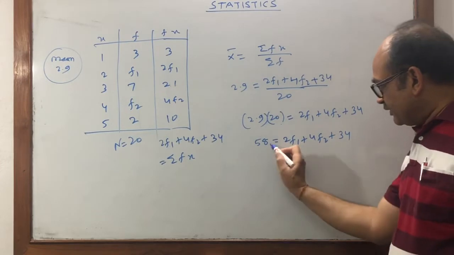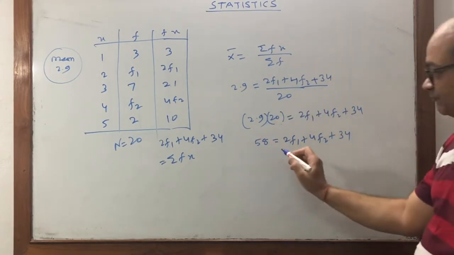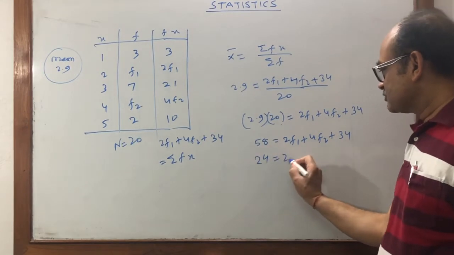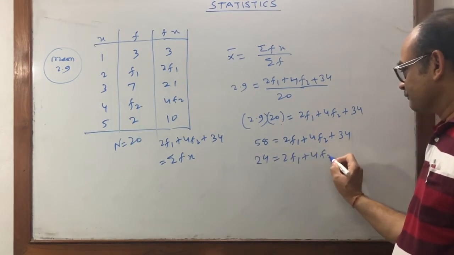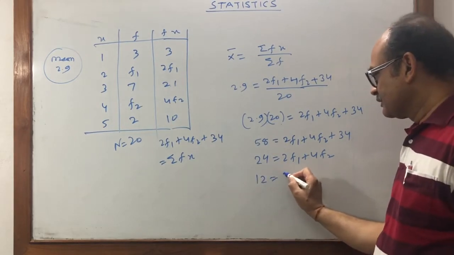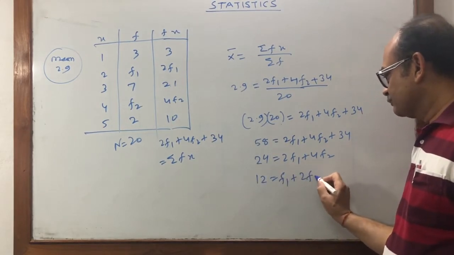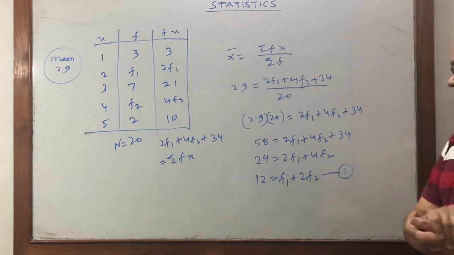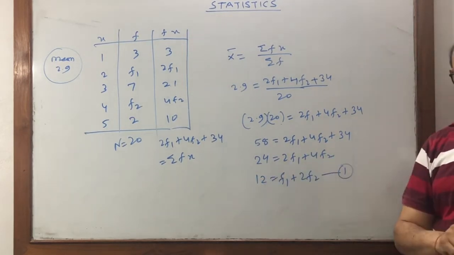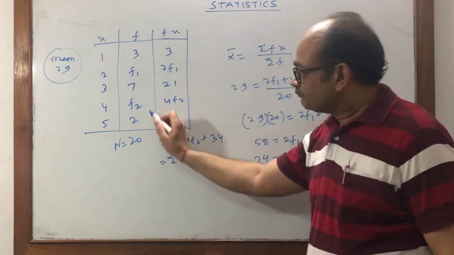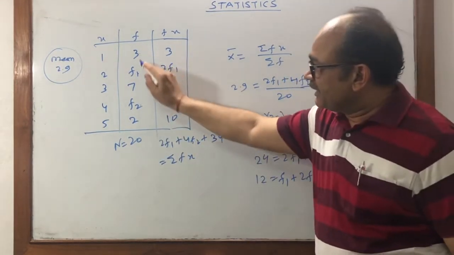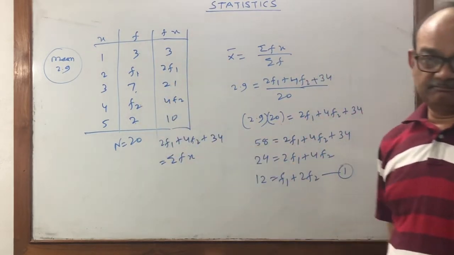It means if you shift 34 to this side, what are we getting? 58 minus 34, 24 equals 2f1 plus 4f2. Again divide by 2. What are we getting? f1 plus 2f2 equals 12, the first equation. What else is given to you? f1 plus f2, 3 and 7, 10, 11, 12.